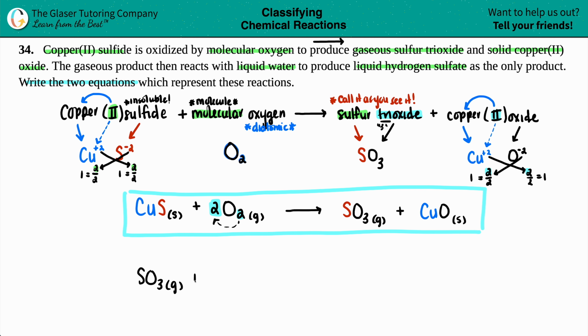So we know what water is, right? H2O. And they did tell us that this was in liquid form, so L. And it's going to produce, whenever you see produce, that's when we're going to be yielding. And we're going to be yielding liquid hydrogen sulfate.